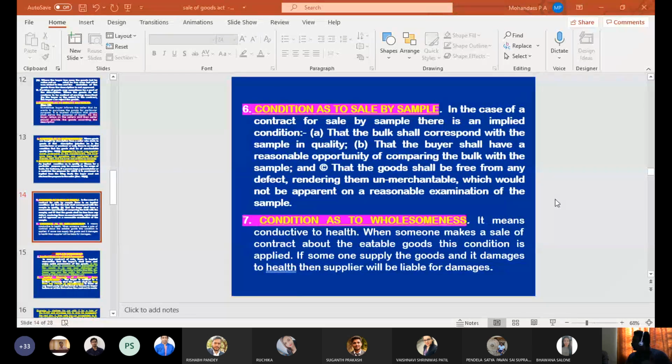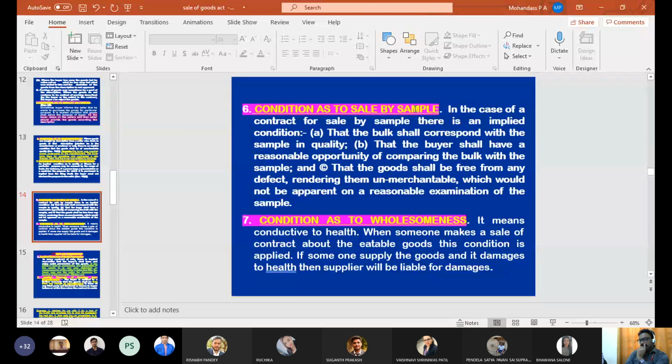You use it, it's a beautiful smell, good fragrance, and you purchase a product. When you reach home, there is no smell at all. So it is a violation of implied condition as to sale by sample. If the seller sells you a product by giving a particular sample, the sold product should match that sample quality. Otherwise, it is a violation of implied condition as to sale by sample.